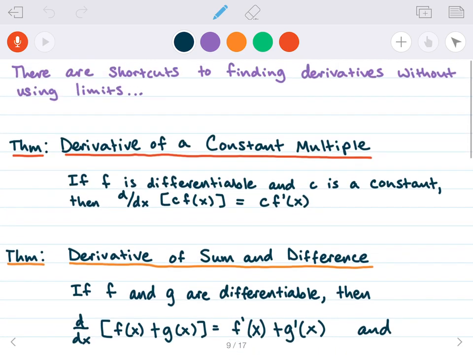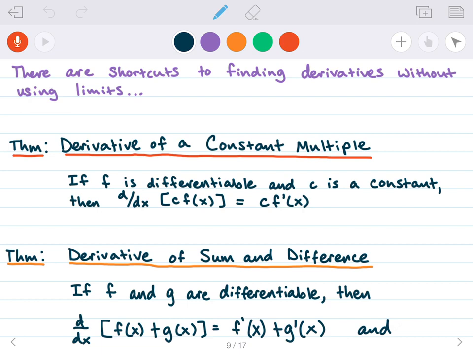Before we get to the shortcut, we need a couple of theorems. The first theorem is titled the derivative of a constant multiple. If f is differentiable and c is a constant, then the derivative of c times f of x is just c times the derivative of f of x.